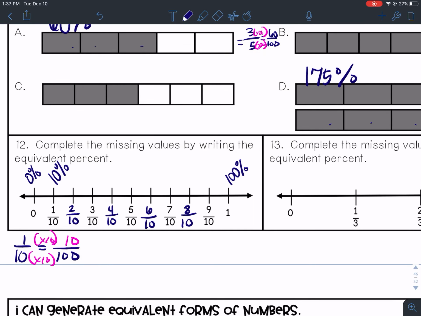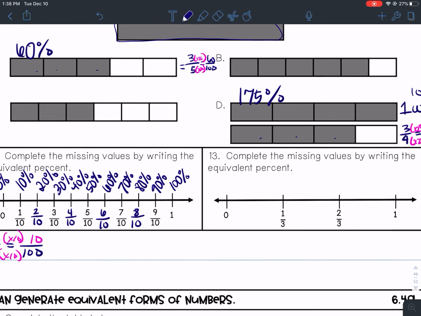Well, if I'm increasing by 10%, I can see a pattern here. This is going to be 20%, 30%, 40%, 50%, 60%, 70%, 80%, 90%. Okay? And with just one, you can already figure out the other ones.